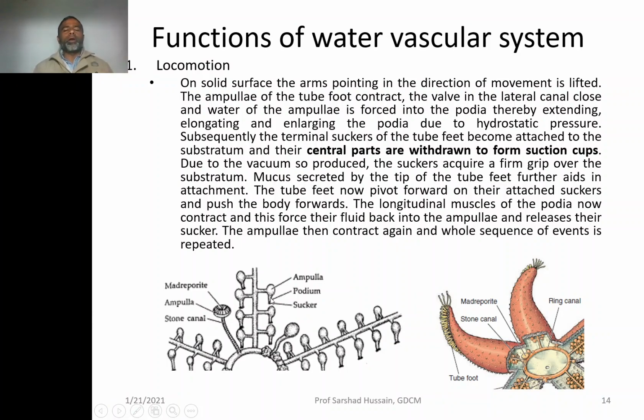Because of the lowering of water pressure, the firm attachment of the sucker, held by hydrostatic pressure, is loosened. The sucker is detached, and again it raises its arm in the direction of movement and repeats the same process, thereby bringing the body in one direction. This is how our water vascular system helps in locomotion.